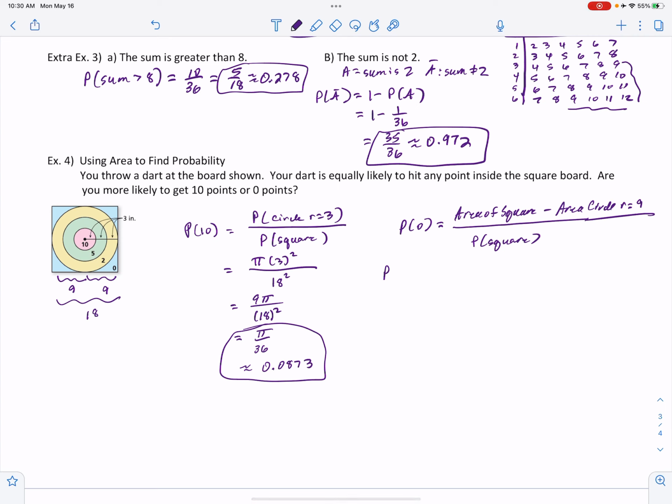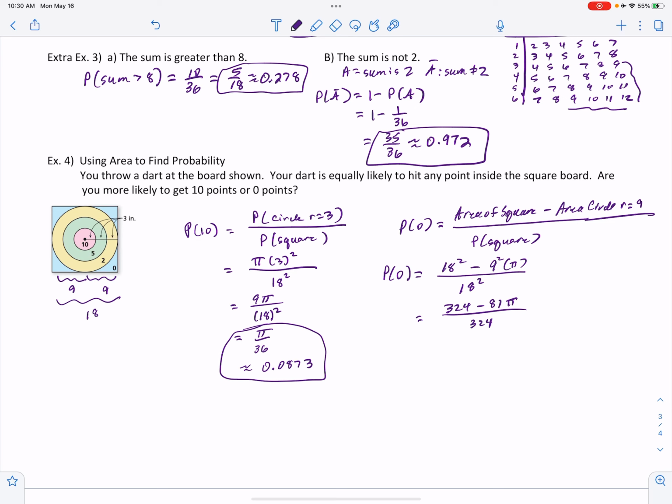And so the probability of 0 is 18 squared minus 9 squared times pi all over 18 squared. And that's 324 minus 81 pi all over 324.